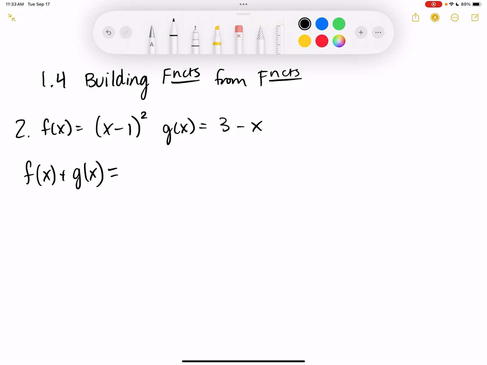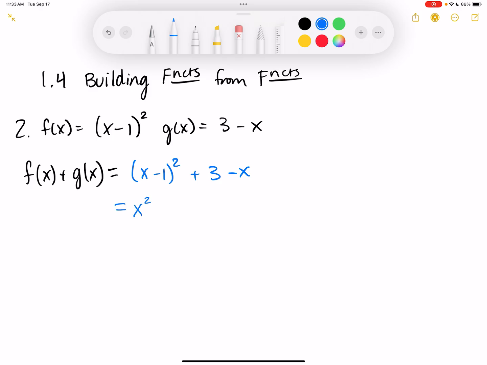F of x plus g of x. So we have x minus 1 squared plus 3 minus x. What do I get when I square x minus 1? x squared minus 1 or plus 1?